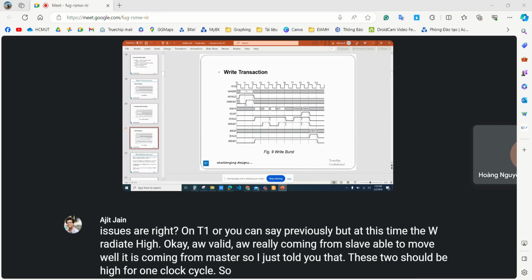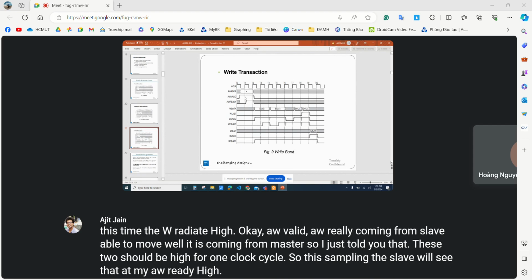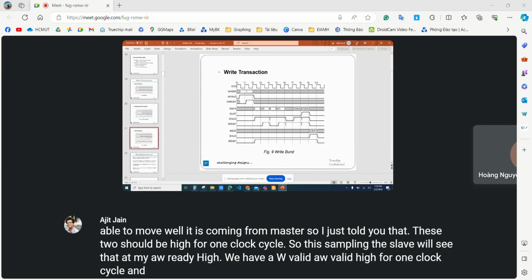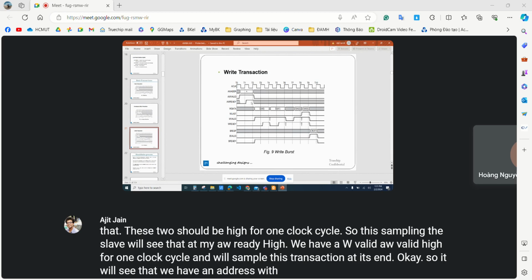So on sampling, the slave will see that at my AW ready high, we have AW valid high for one clock cycle, and it will sample this transaction at its end. It will see that we have an address A, and at T2 it will sample this address.